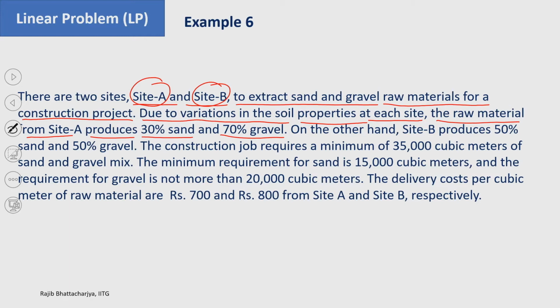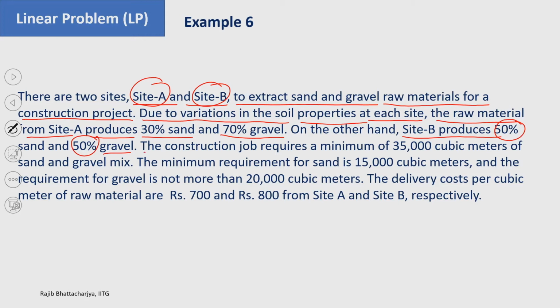So, if I take the raw material from site A, that raw material contains 30% of sand and 70% of gravel. On the other hand, if I take the raw material from site B, that produces 50% of sand and 50% of gravel. Okay. So, 50% sand I can get or 50% gravel I will get if I take the raw material from site B.